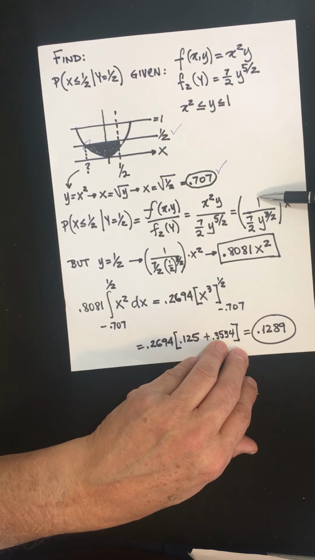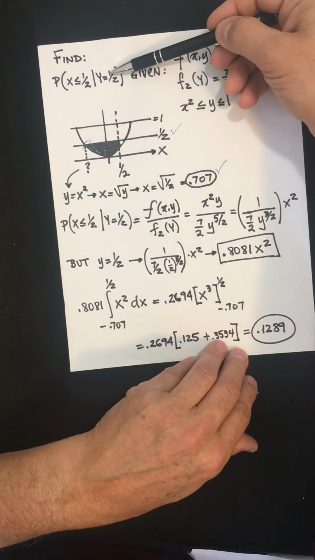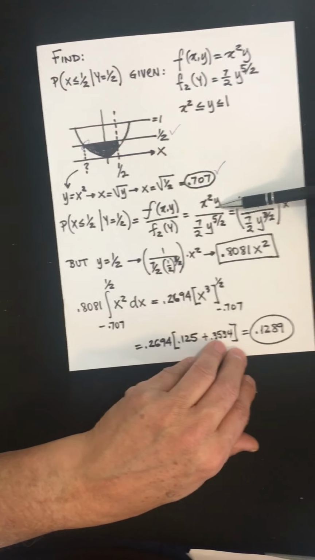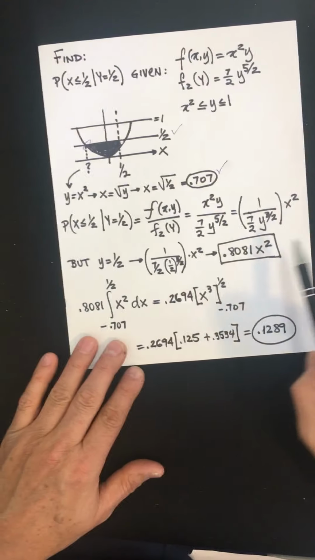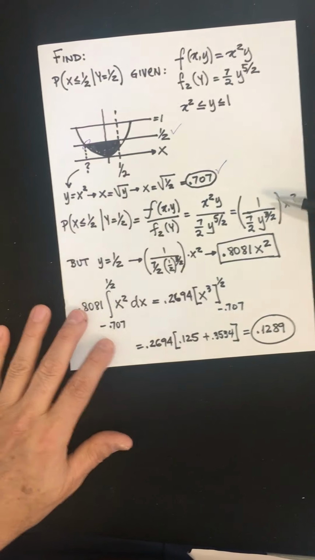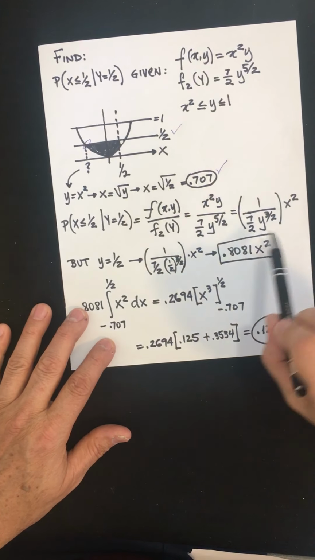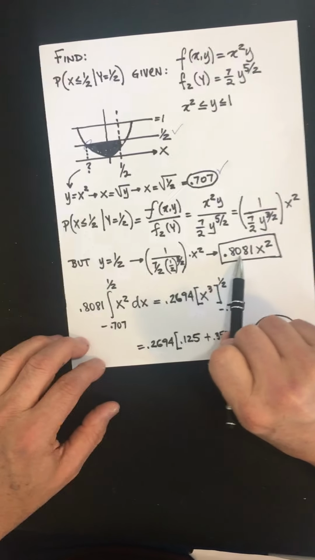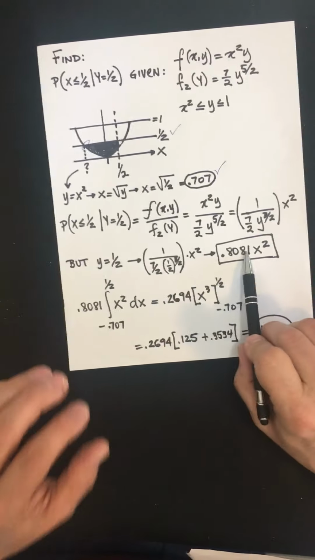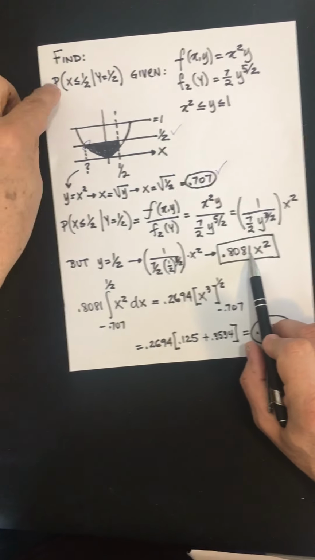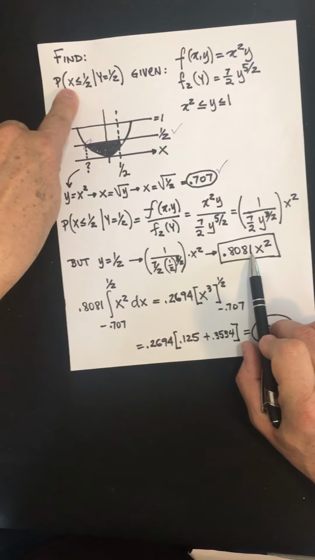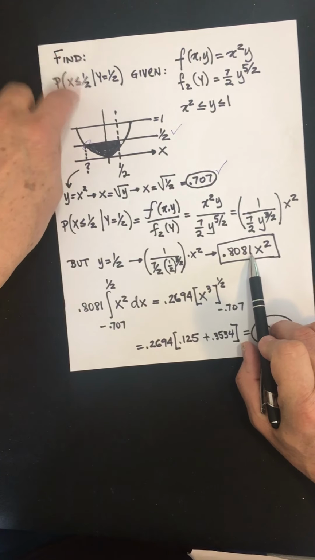In other words, after I plug half for the y, I'm going to end up with numbers here and x squared. Now, you go on your calculator and you plug half into this y, punch it in, and you're going to get 0.8081 x squared. So at this point, we're going to do dx, because remember, we're trying to find probability that x is less than half. We have to do dx.